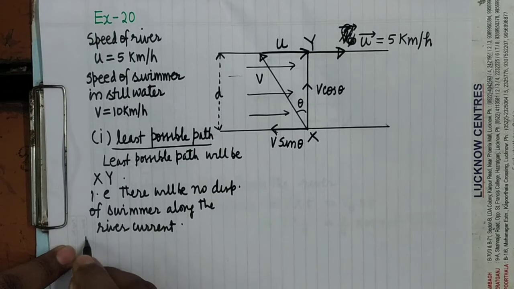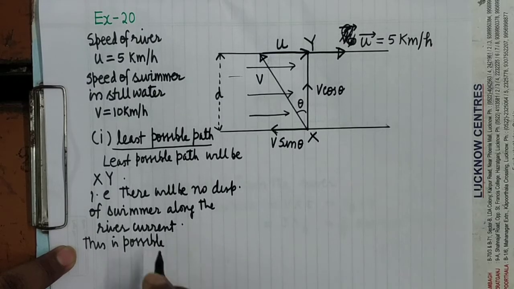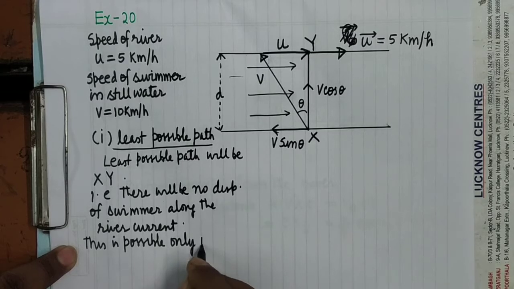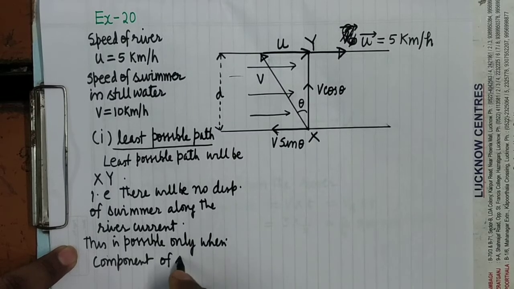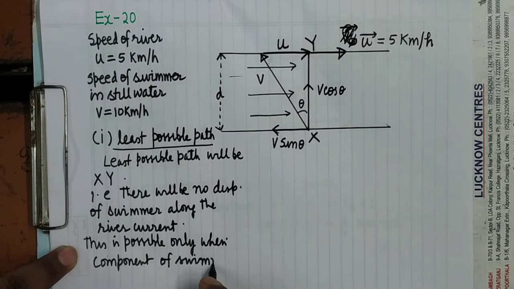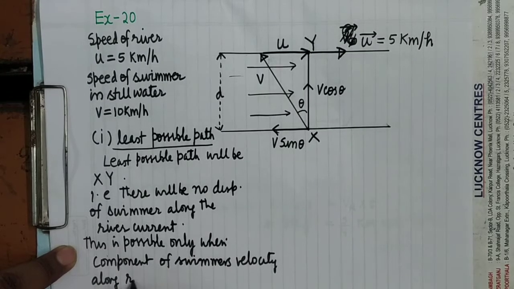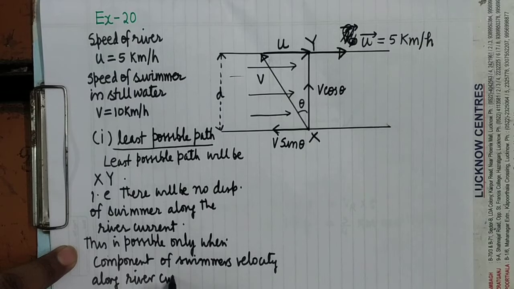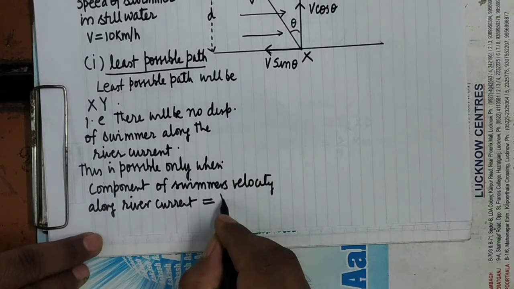This is possible only when v sin theta, the component of the swimmer's velocity along the river current, equals the velocity of the river.